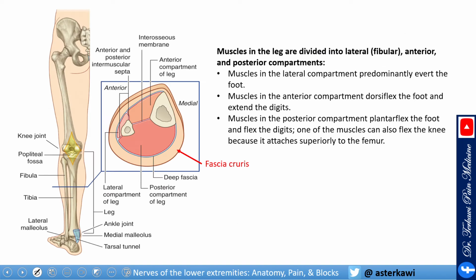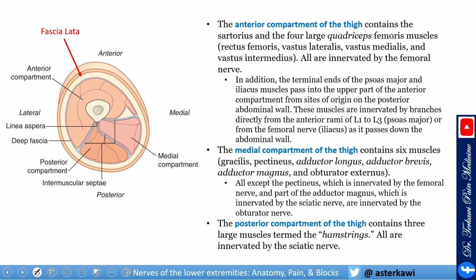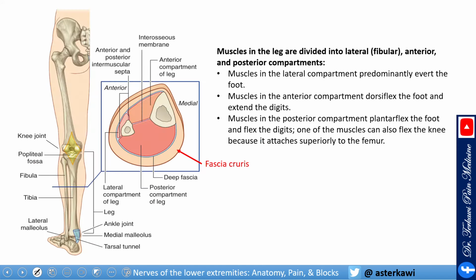When we go here on the leg, again you have 3 compartments. Notice what was called the fascia lata is now fascia cruris, or crural fascia. So here you have also 3 compartments: anterior, medial, and posterior.